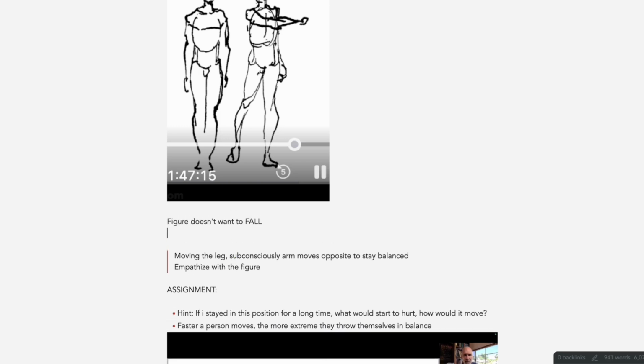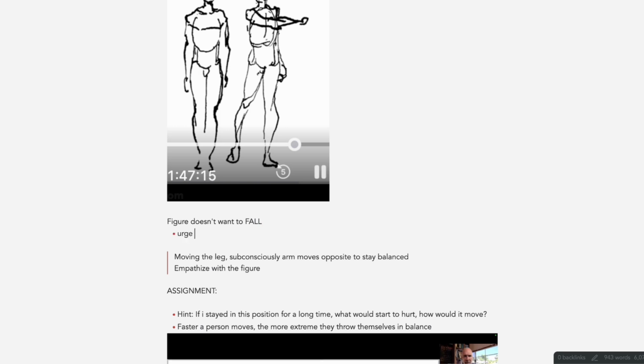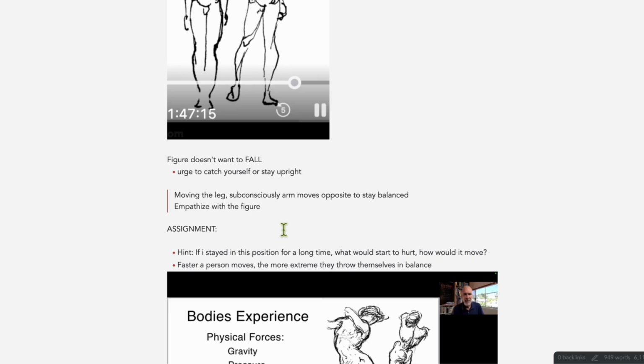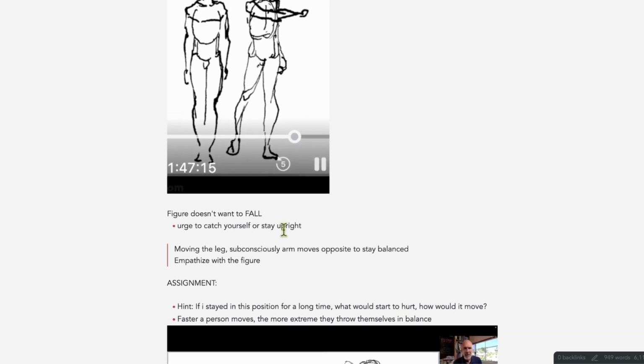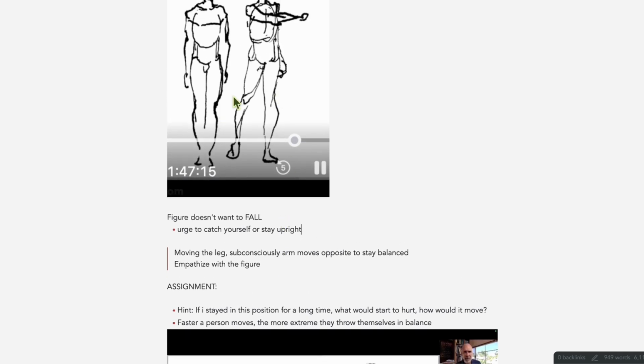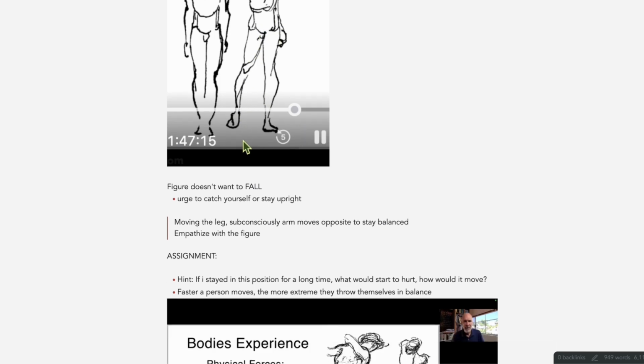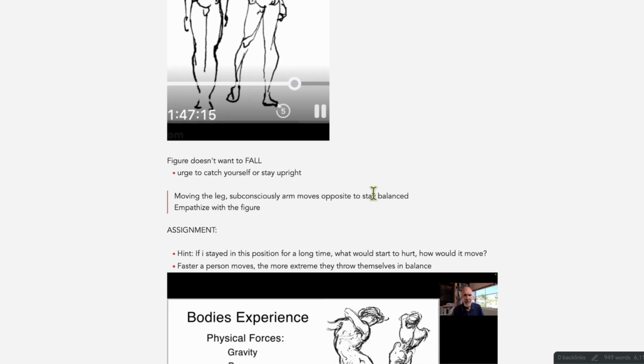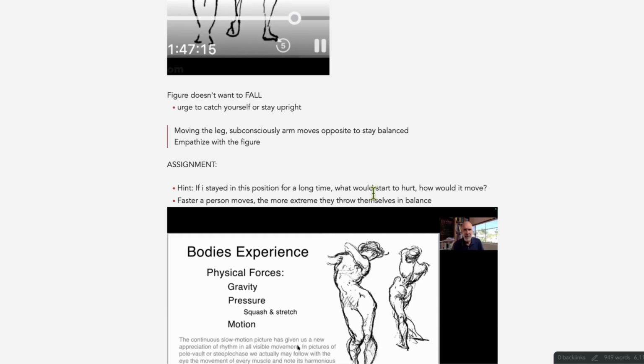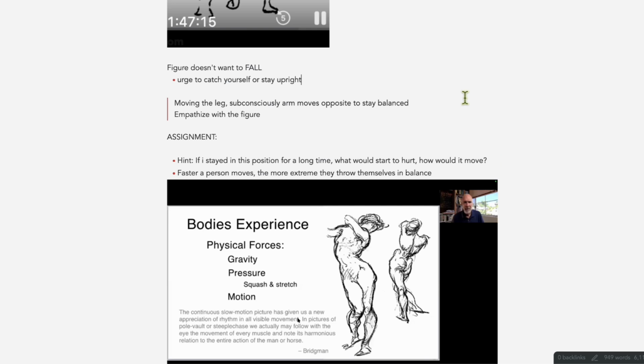So that's another concept: you have to imagine what the figure might desire to do because of discomfort, preference, or habit. Is it because they feel like they're going to fall? Is it because there's tension in their limb if they stay in a certain position for too long? If you keep your leg afloat, that's a little exercise, honestly. It's like you're training your core and your leg. I don't exercise too much, but that's something to learn.